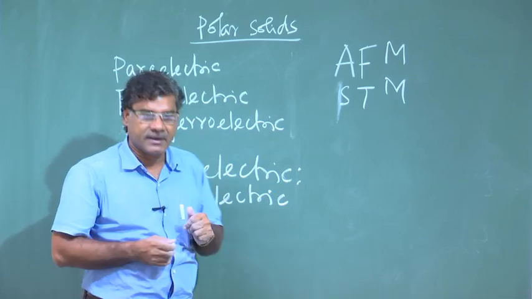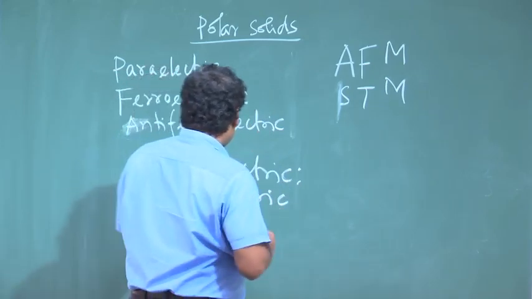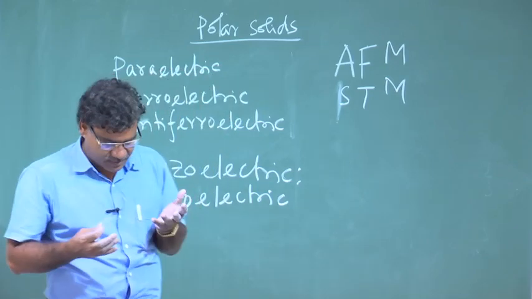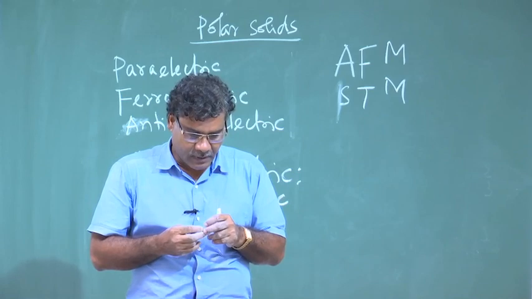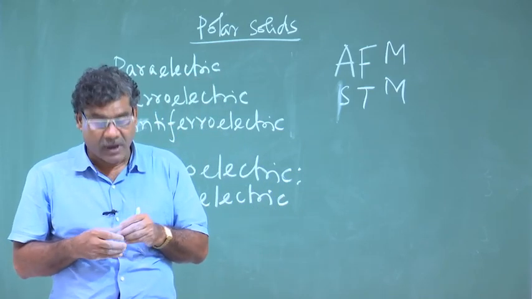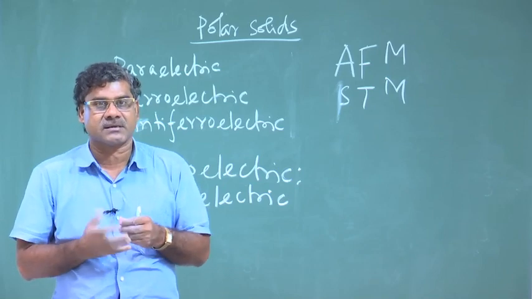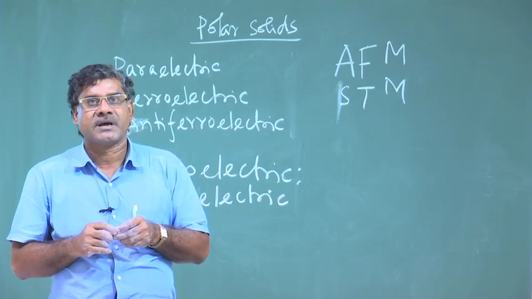And pyroelectric material, pyro basically means temperature. So, if you change the temperature of the material, then this material is polarized. Okay. So, there are some dielectric materials that are polarized if you change the temperature.